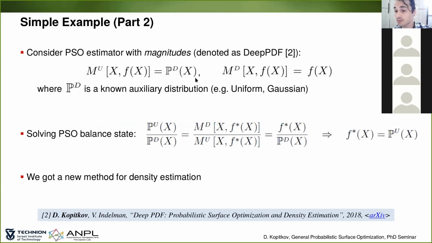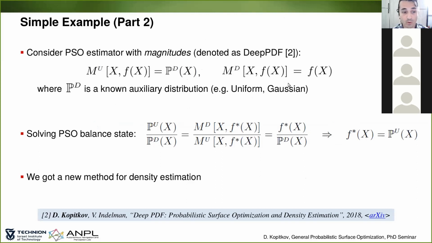Next, let's change the setting a little bit. Instead of constant 1, we will change mu to be equal to pdx, this function here. And the scenario is the following. Pux we don't know, but we would like to learn it from its IID samples. And PD would be our choice, our auxiliary distribution, which we can choose.